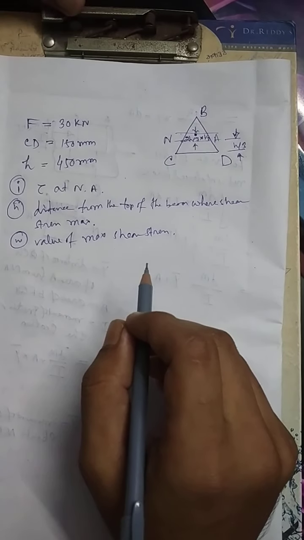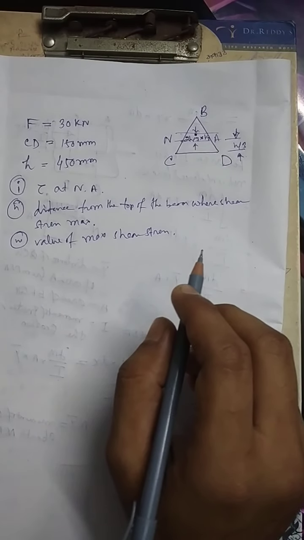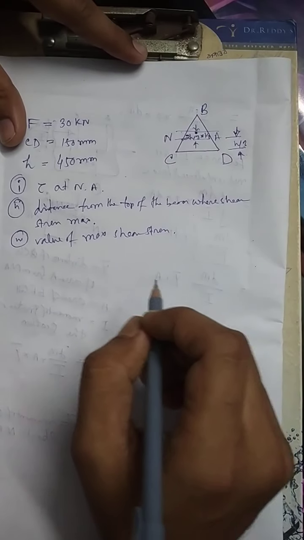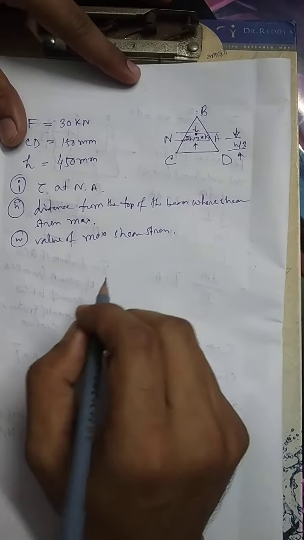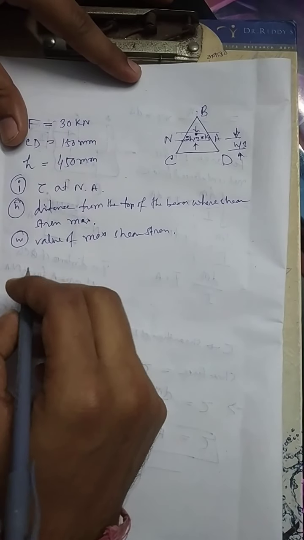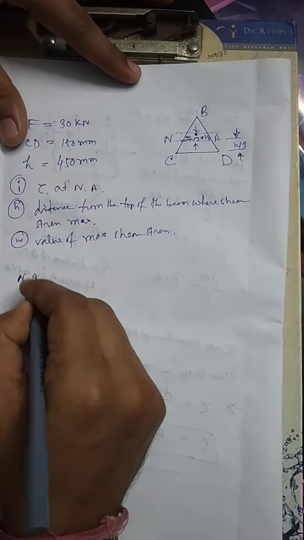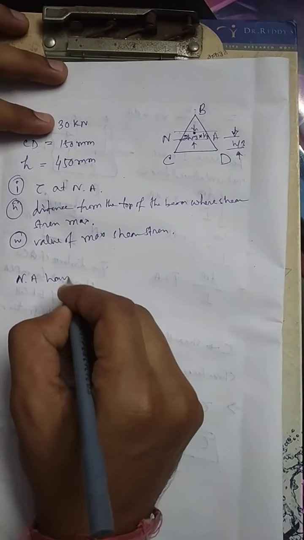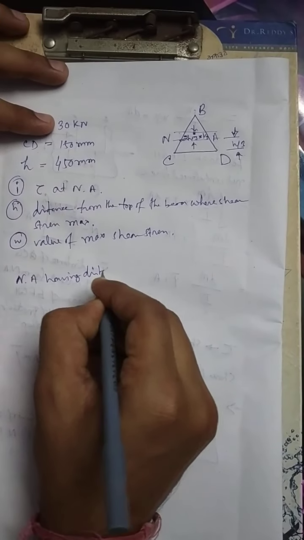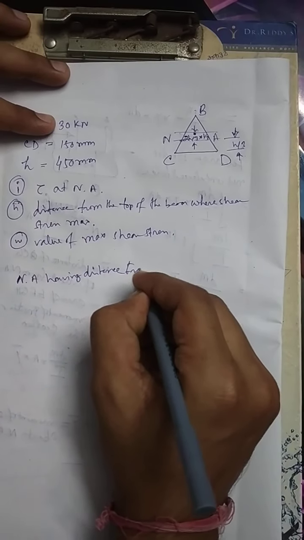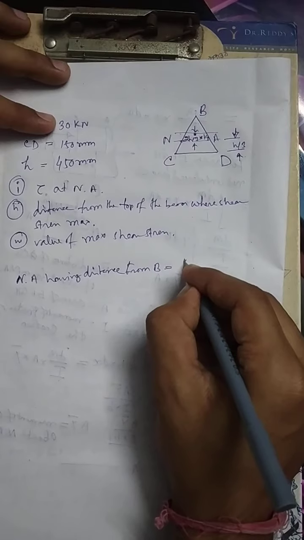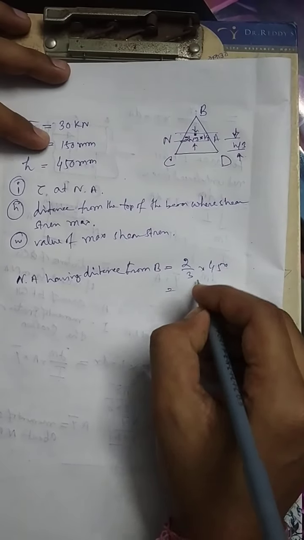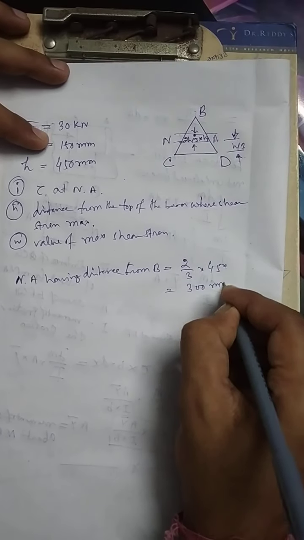Our first job is to find out the neutral axis. The neutral axis will be at a distance of h/3 from CD, and thus it will have a distance from B of 2/3 of 450, which is 300 mm.